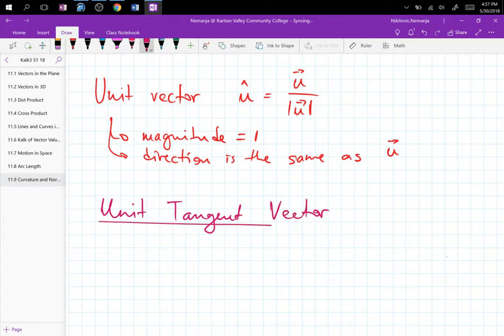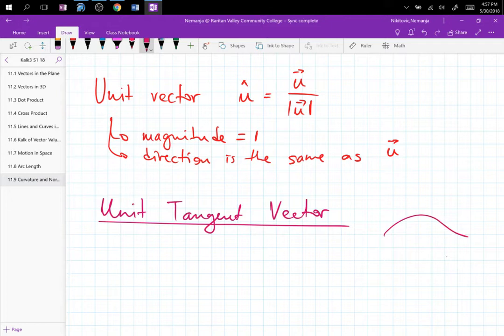From Calculus 1, I hope you remember that the tangent line was connected to the derivative, where the derivative was giving us the slope of the tangent line. That tangent line was perpendicular to the curvature of the function and was touching the function at exactly 1 point. We would say it also kisses the function.